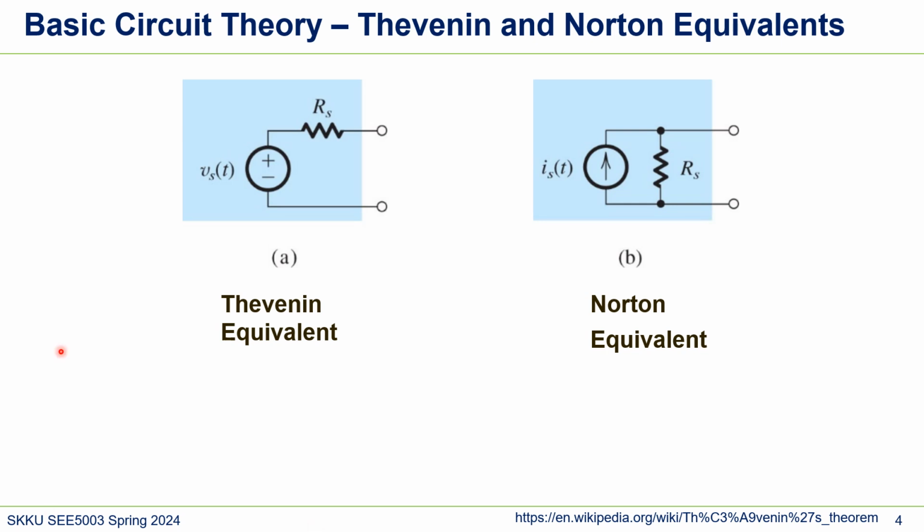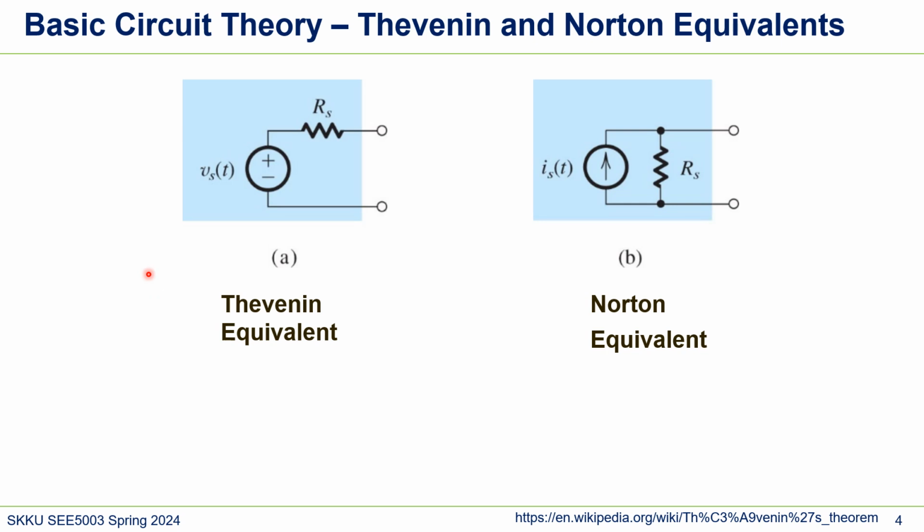Let's start with the basic circuit theory, that is, the Thevenin equivalent and Norton equivalent. When we look at the circuit, the Thevenin equivalent has one voltage source and one series resistor. And the Norton equivalent circuit has one current source and one resistor, which is in parallel.